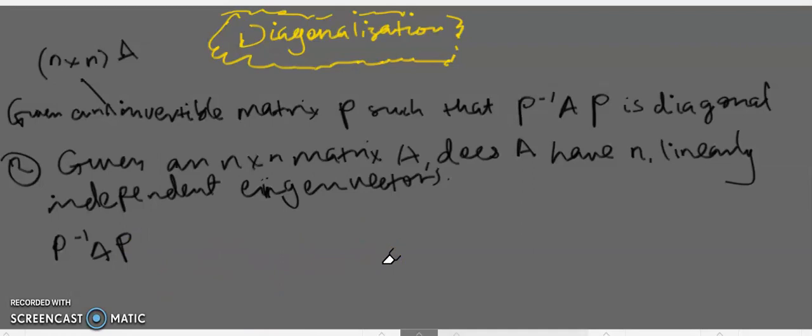If A and B are square matrices of order n by n, then B is similar to A. Similarity is written like this in mathematics: B is similar to A, such that B equals P inverse A P.